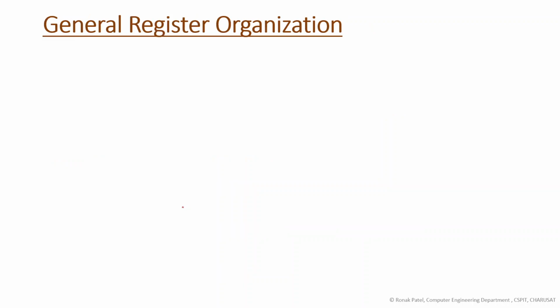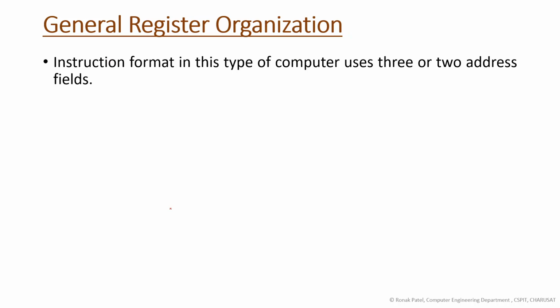The second is general register organization. In general register organization, the instruction format in this type of computer uses three or two address fields. In the previous case there is only one address field, like add X. Here, three or two address fields.